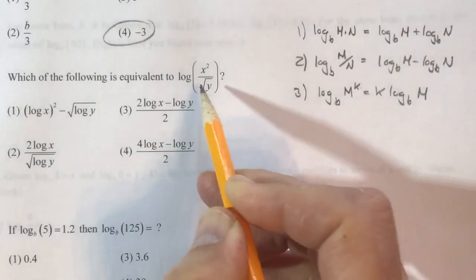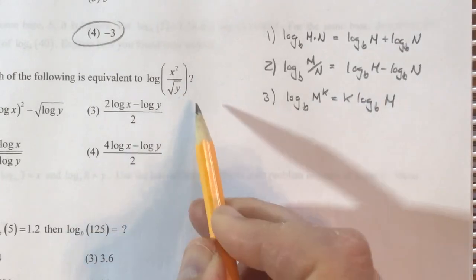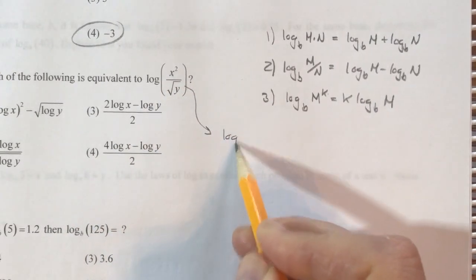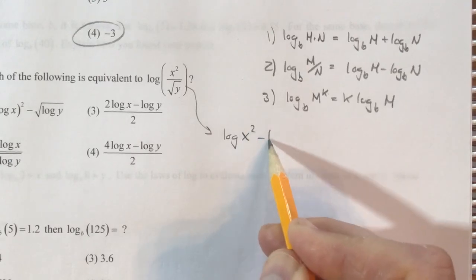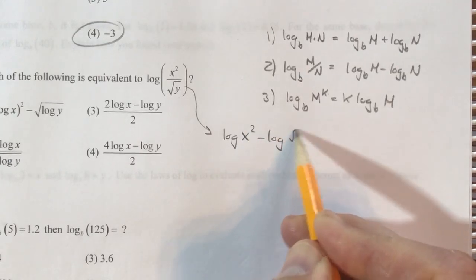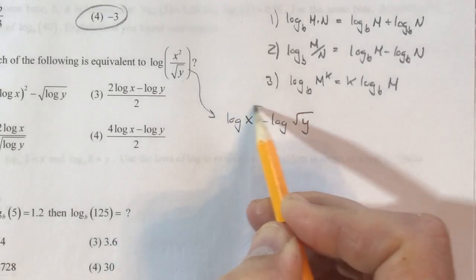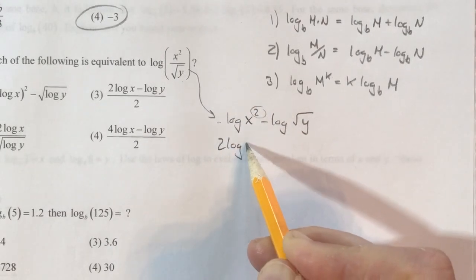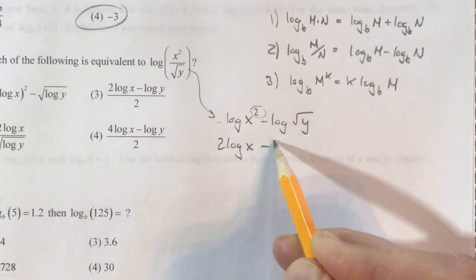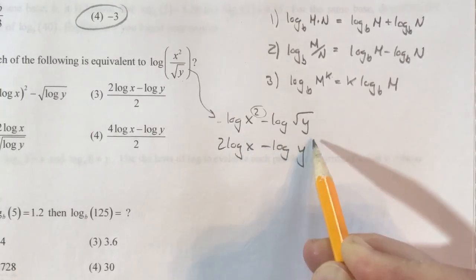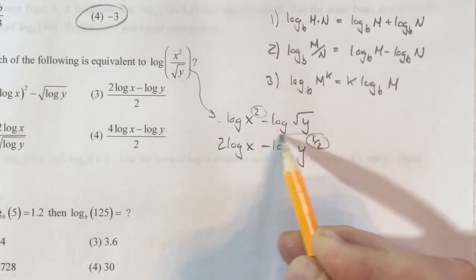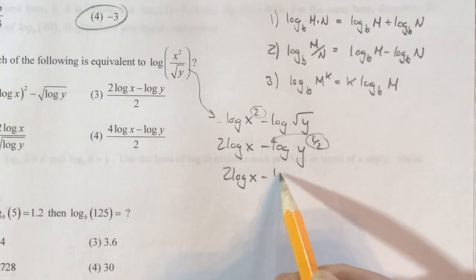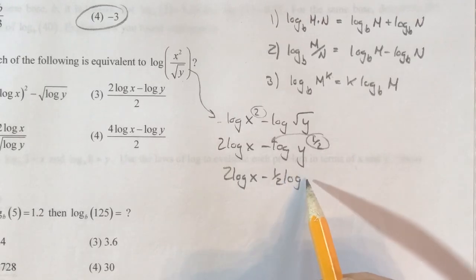All right, so that's what I'm using on this type of question here. So I'm going to say, all right, division turns into subtraction: log x squared minus log the square root of y. Oh, there's the power rule. That 2 is going to go in front. But this is a power too, you got to recognize it. This is y to the half power. So that power is going to jump in front. So I get 2 log x minus 1/2 log y.